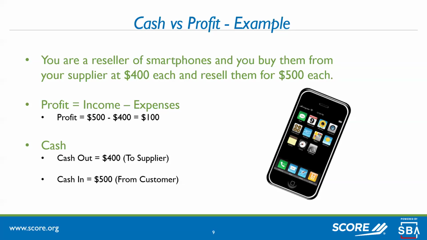If you take credit cards or cash, and you have a storefront, or you're an online retail store, then you might get the cash quicker because you're taking a credit card, or cash at a brick and mortar store. So you're going to have cash coming in of $500 and cash going out to the supplier of $400. So that's the difference: the profit is what you're making on your sales, and what is shown on the income statement, versus your cash, or the actual movements of cash in and out.